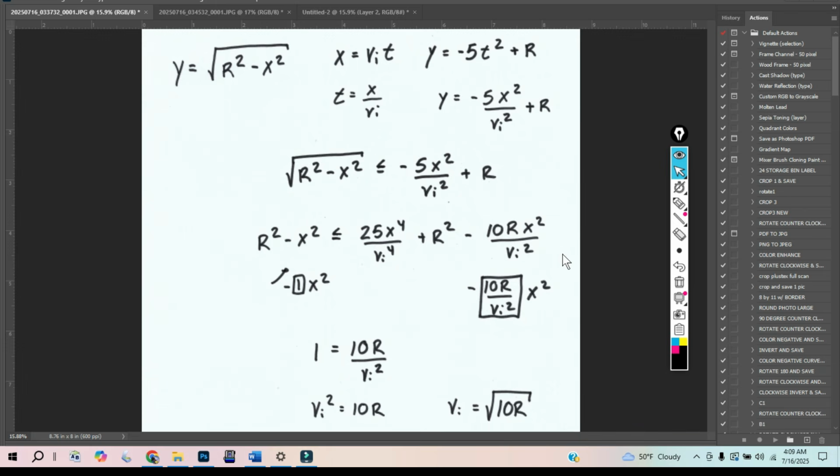Let's take a look at this, because of this negative sign. I probably shouldn't have gotten rid of the negative sign. If I didn't get rid of the negative sign, I think I'm good with this thing going on. No, sorry, my brain is fried.